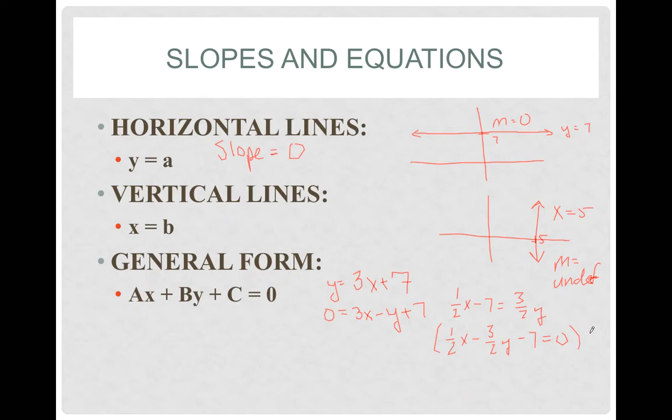So in order to get rid of these fractions, I'm going to multiply by 2. I get x minus, or 2 times 1/2 is 1. So x minus 3y minus 14 equals 0. And that's my new general form for that particular equation. So notice we get our equation to slope-intercept or something like this, and then we rearrange it to get into general form.